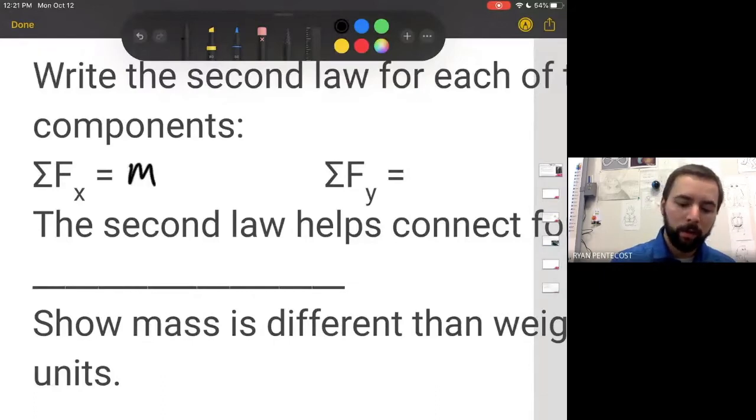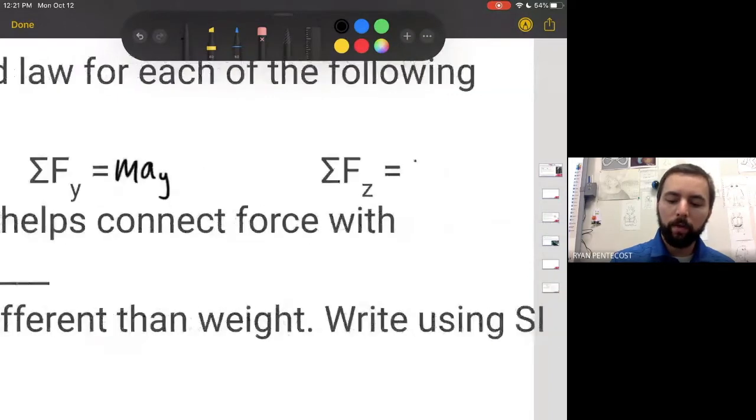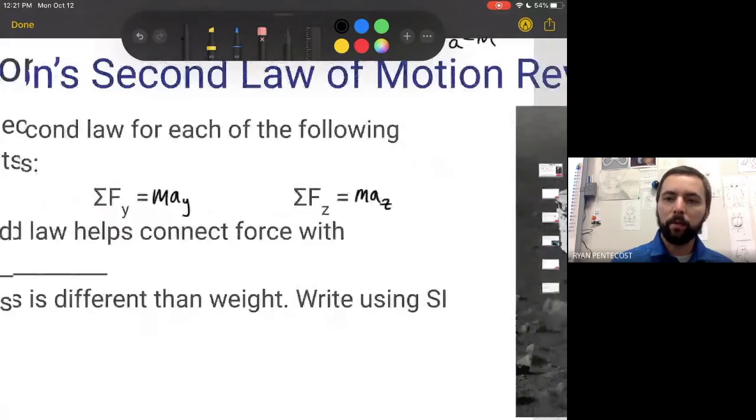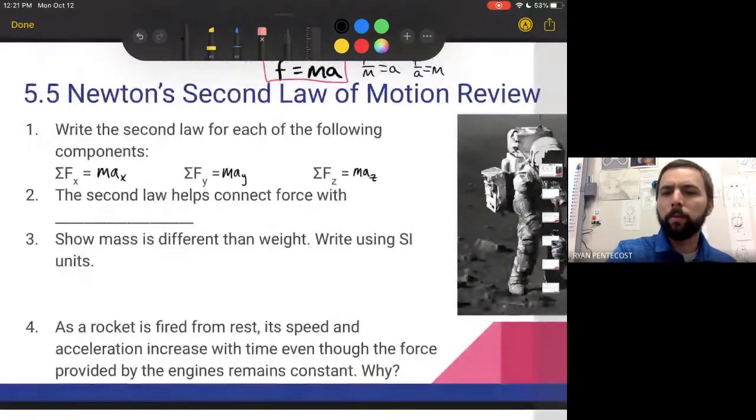But acceleration is a vector, so the sum of forces in the x equals max, in the y you have may, and for the z you have maz. So we can split this into 3 accelerations, and then we could use the Pythagorean theorem to find the total acceleration if we needed to.